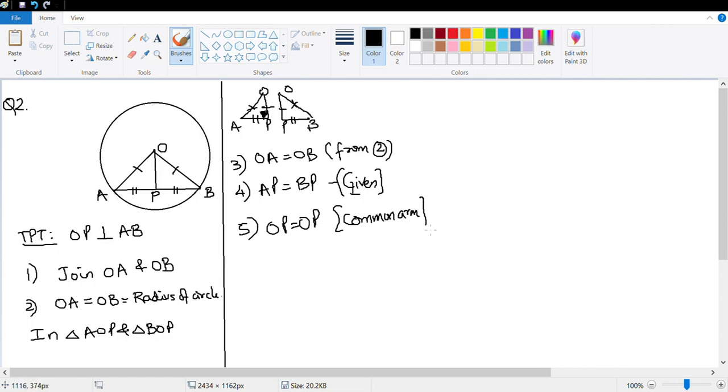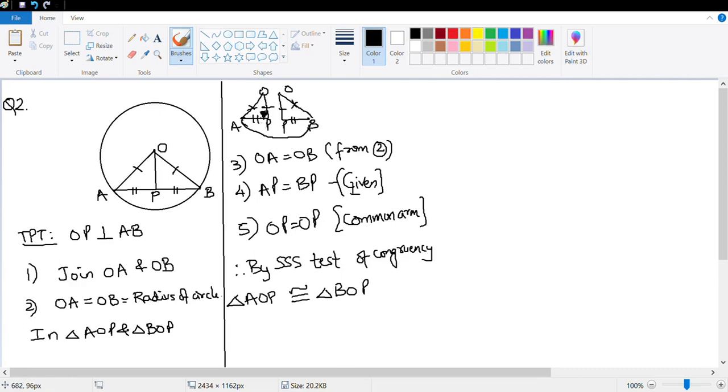So therefore, by SSS test of congruency, these two triangles are congruent. Triangle AOP will be congruent to triangle BOP. Notice A corresponds to B, P corresponds to P, and O corresponds to O. Done. So let's look at this now.